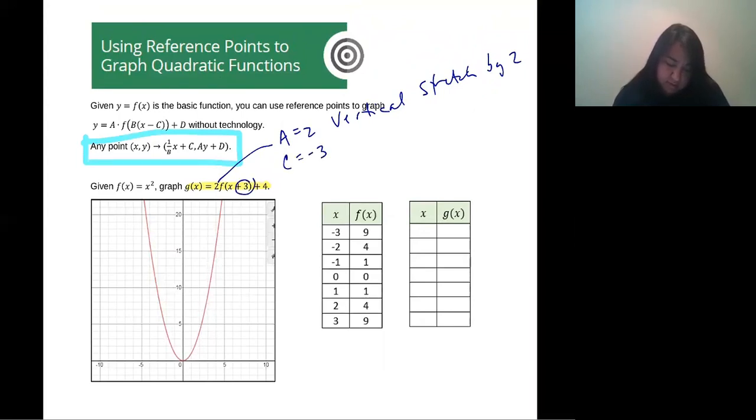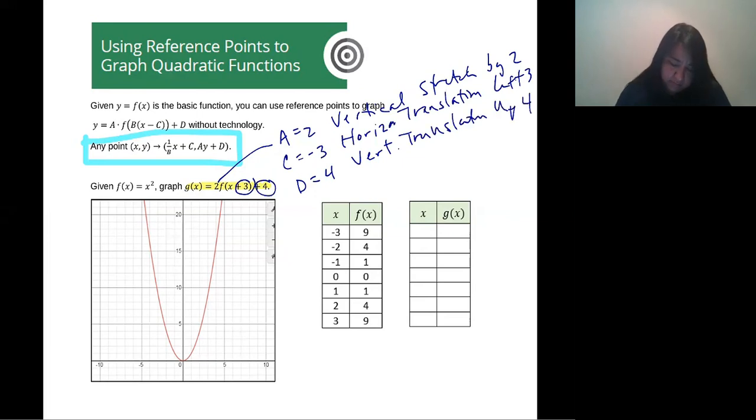So that is a horizontal translation, and that is going left 3. And this d value is a +4, and that is a vertical translation, going up 4.